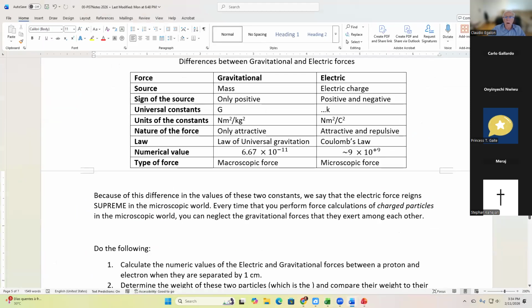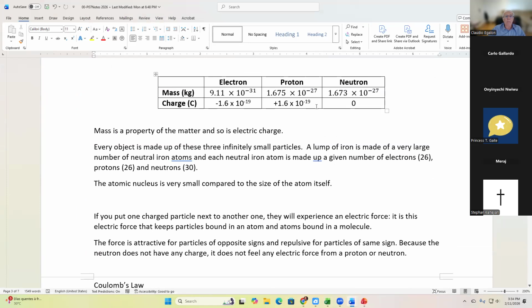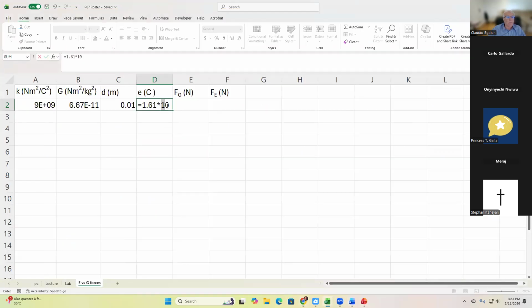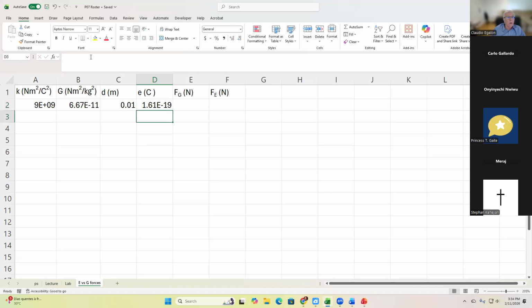Let's go back here. We have a table there. Do you see? The charge is 1.6 times 10 to minus 19. Now we have to write down the formula.